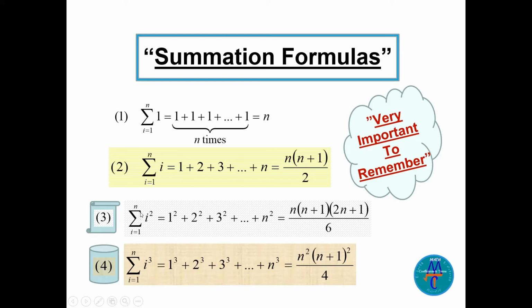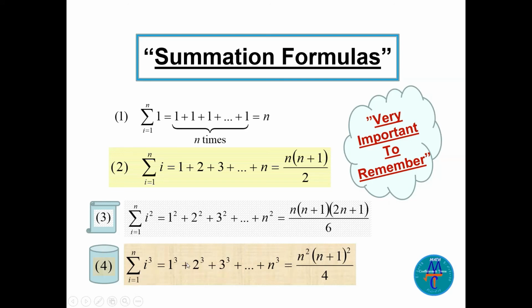Now this one, when you make summation of i squared, and the last one, summation of i cubed. So just look at the sequence here. Summation of 1, only 1 each time, 1 plus 1 plus 1. Number 2 is summation of i. i will be changing from 1 to n. So 1 plus 2 plus 3. Third one, 1 squared plus 2 squared plus 3 squared plus 4 squared until n squared. Number 4 will be i cubed, summation i equals 1 to n.